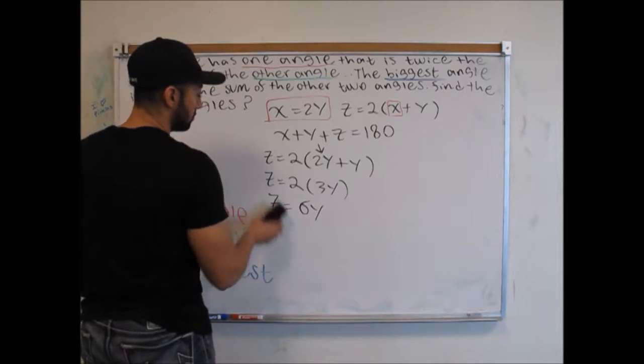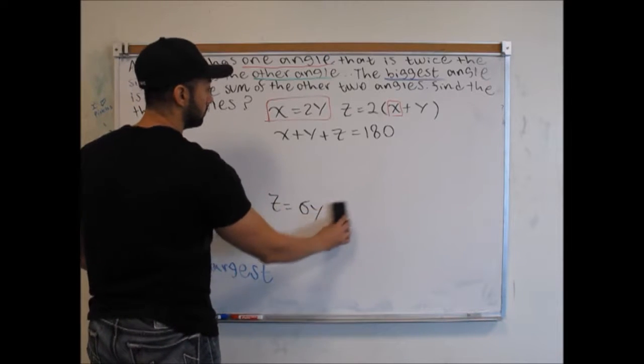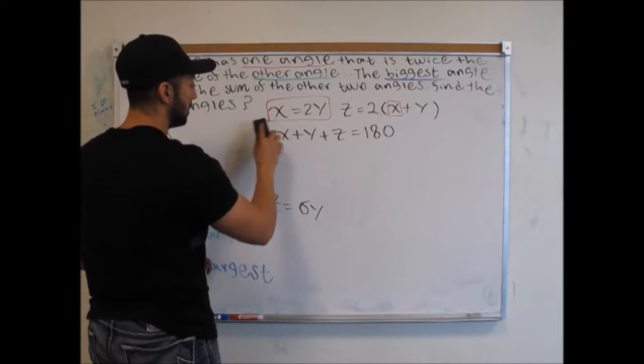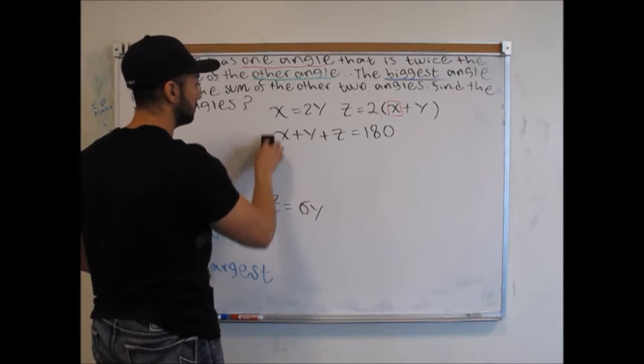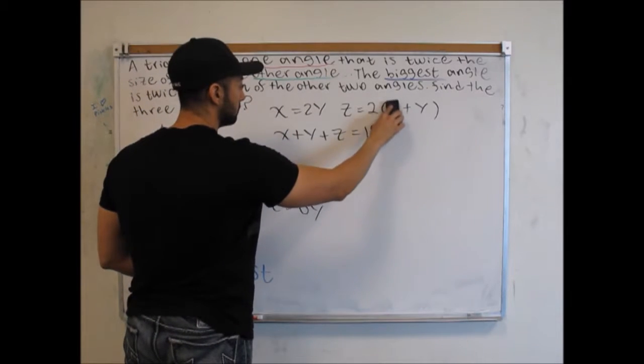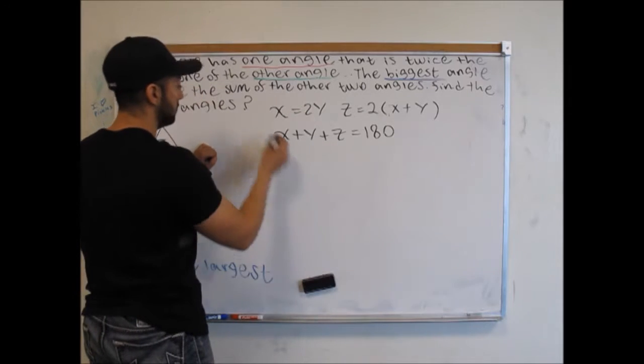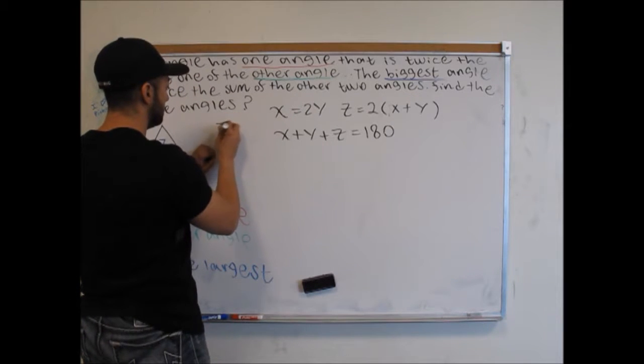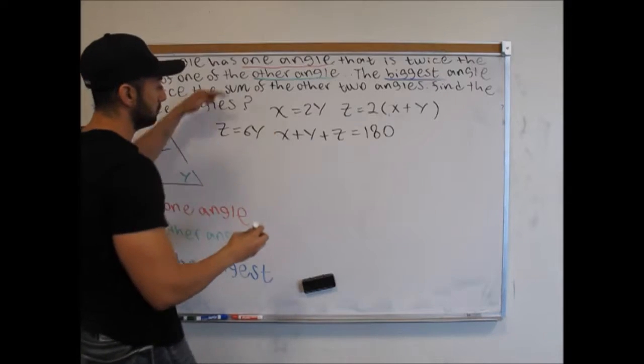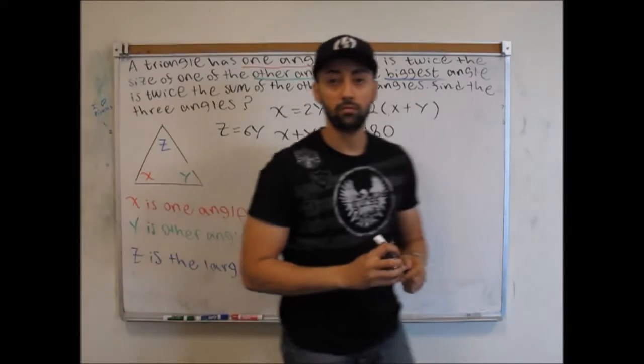Now I know that x is equal to 2y and z is equal to 6y. It's pretty much like I've solved for two variables already.